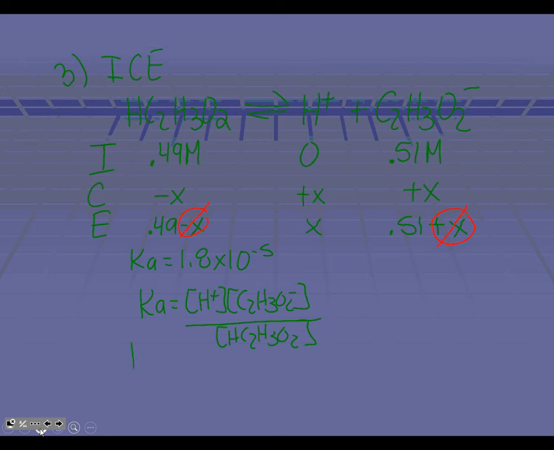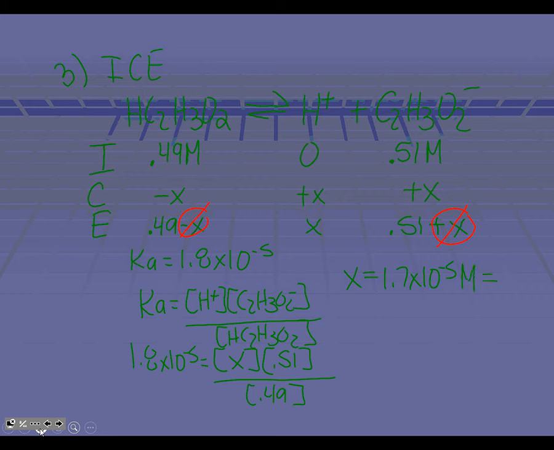And plug in 1.8 times 10 to the negative fifth equals X. Now our A minus is our 0.51 and our HA, our weak acid, is 0.49. Now notice they're not the same this time. So you are going to have to multiply by the 0.49 and then divide by the 0.51. And X equals 1.7 times 10 to the negative fifth molar.